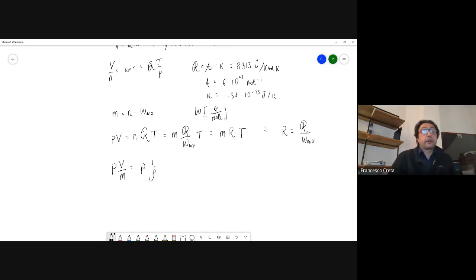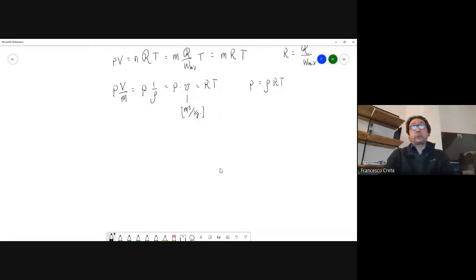So it's pressure times the specific volume, the reciprocal of density, which is measured in meter cubed per kilogram, and that's equal to RT. Therefore, you can also write down the most known form, which is P equals rho RT.